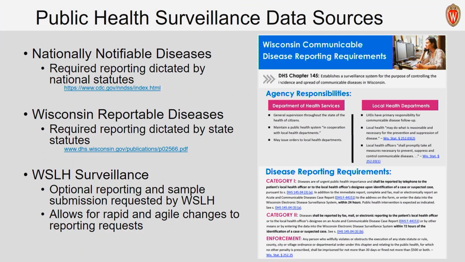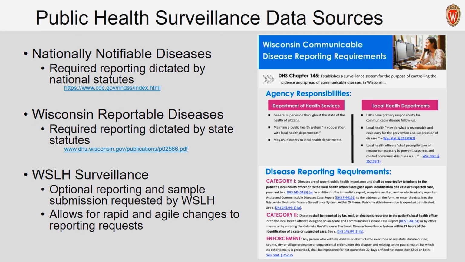So public health surveillance data comes from a lot of different requirements and sources, but at the very highest level, there are nationally notifiable diseases. These are things dictated by national statutes, and it's a long list of diseases and organisms. And below that is the Wisconsin reportable diseases, and these are the things required by state statutes.